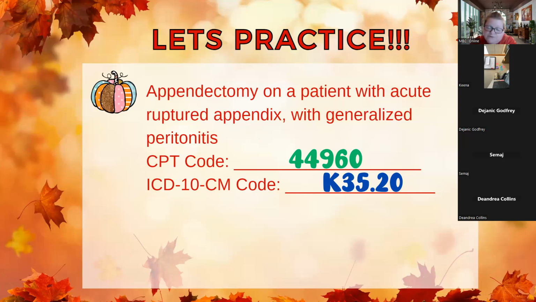For my new students, real quick, your CPT code is always going to be a 5-digit number. Your ICD-10 code is going to be 1 alpha character followed by numbers, anywhere from 2 to 6 numbers behind it, depending on the code and how specific it gets.